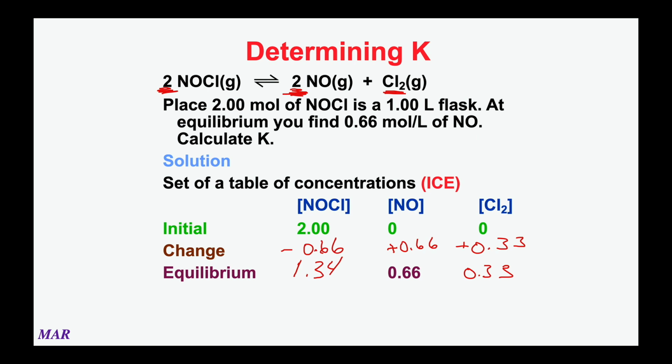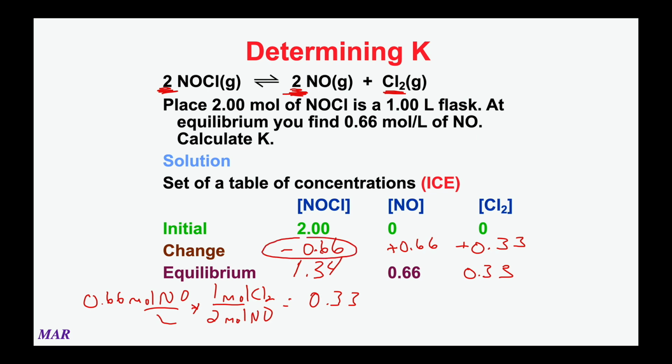So as an example of this, let's take the 0.66 moles of NO per liter, and there are 2 moles NO per 1 mole Cl2. You can see that's where the 0.33 number comes from. It literally is the stoichiometry. You can do the same kind of thing, and you can find the change of NOCl.